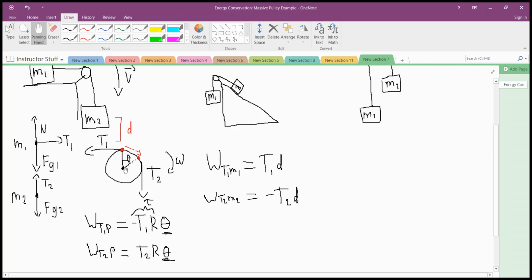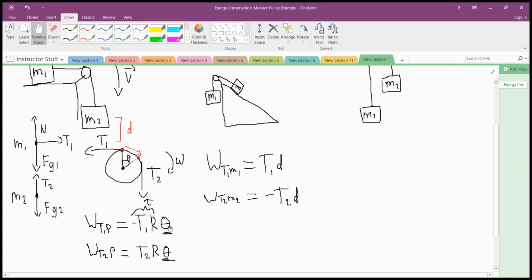Consider a point on the rim of the pulley representing a piece of the string as the pulley rotates, and you'll see as the pulley rotates, it moves an angular displacement of theta. And so that angular displacement is just one angular displacement. It's the same displacement for both tensions.